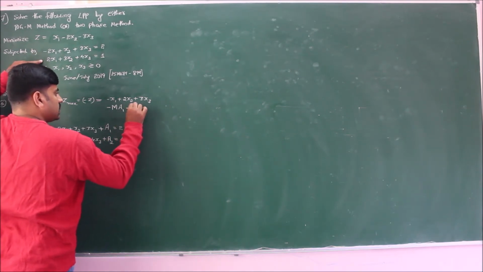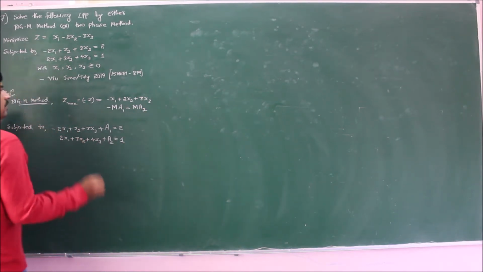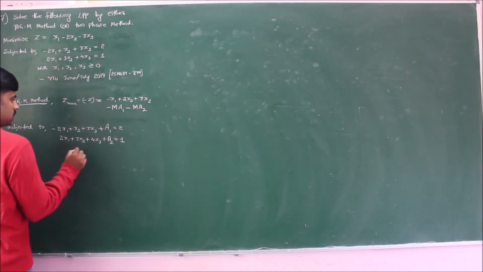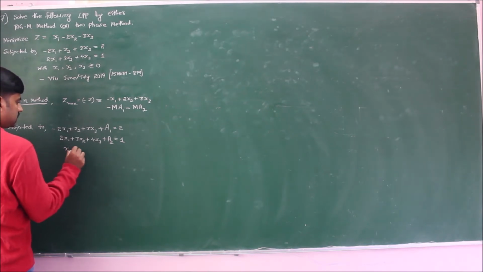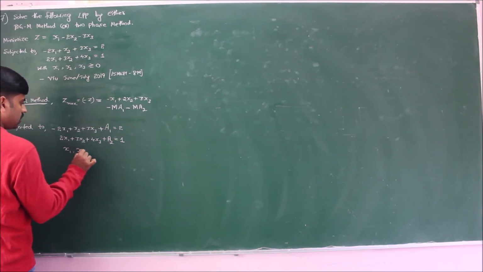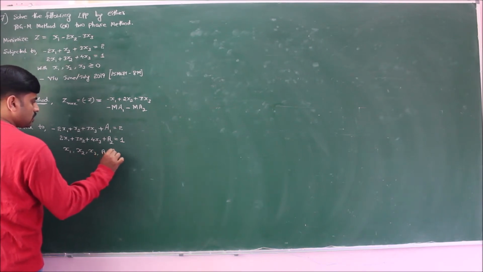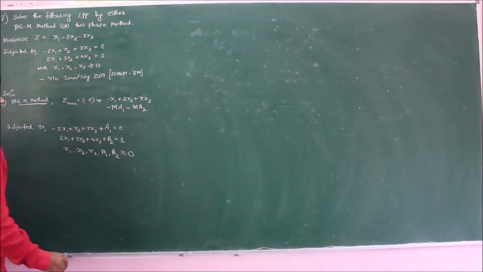The coefficient of the artificial variable is minus M, so it will become minus M a2. So this is the standard form, satisfying the condition that all the variables x1, x2, x3, a1 and a2 are positive variables.